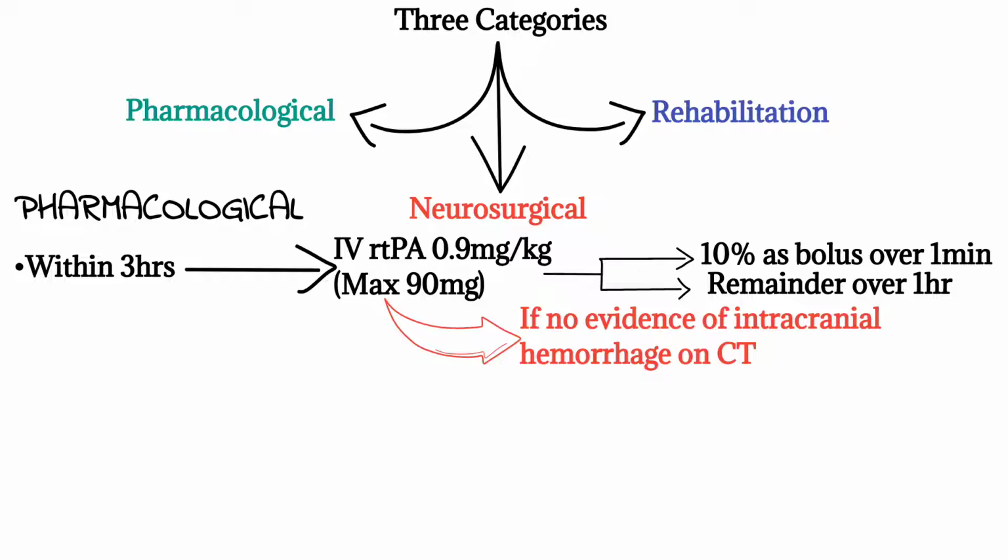These contraindications include any recent hemorrhage, uncertainty about the time of onset, if the patient is improving spontaneously, or any head injury or previous stroke within the past 3 months, if there is gastrointestinal surgery in the last 21 days, or if the blood pressure is more than 180 by 110 millimeter of mercury, or if the patient is on anticoagulant therapy or having any seizure. If any of these contraindications are present, then intravenous thrombolytic therapy should be avoided.